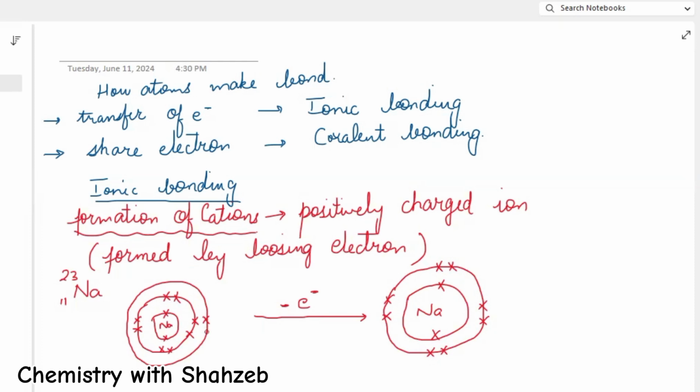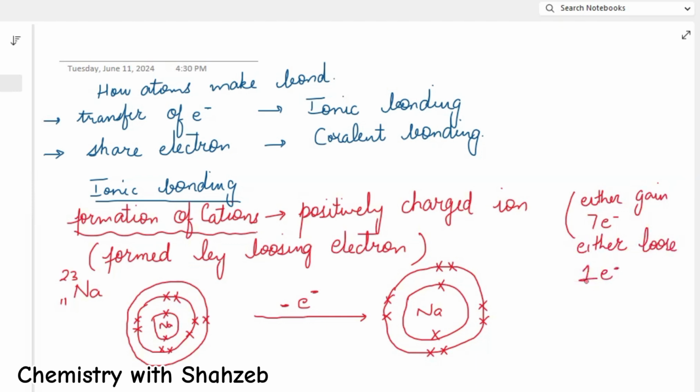So what is easy for sodium? It has two options: either gain 7 electrons, or lose 1 electron.